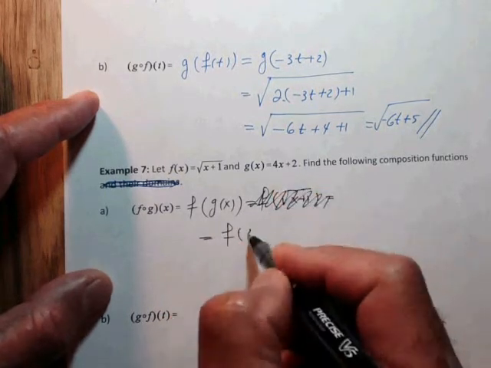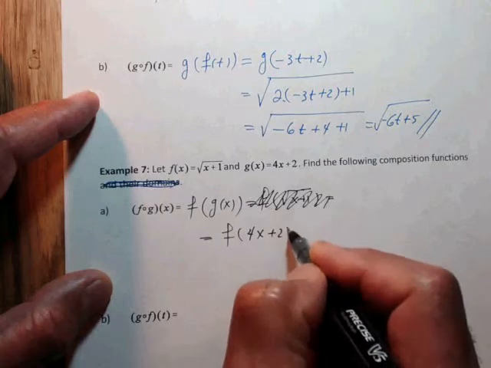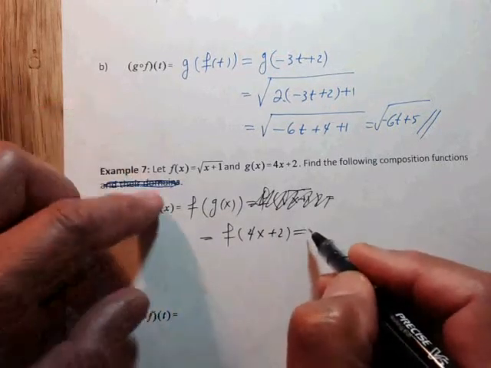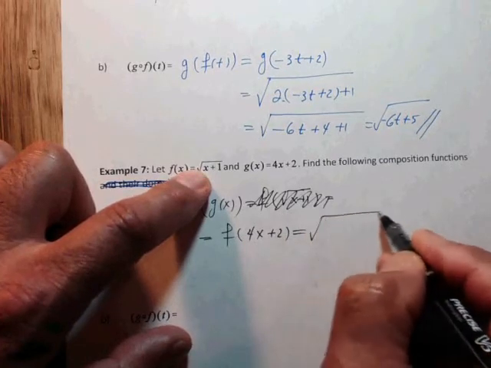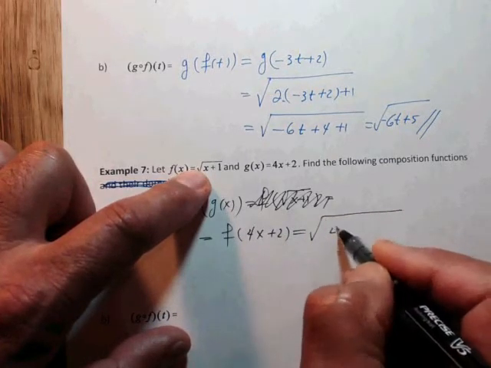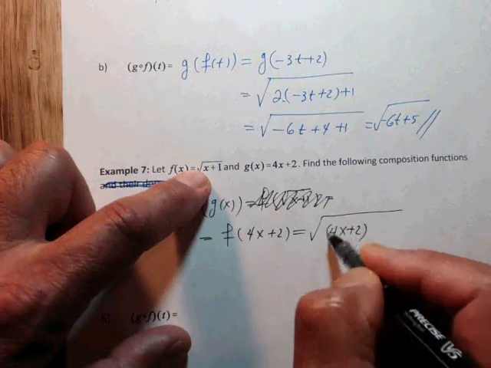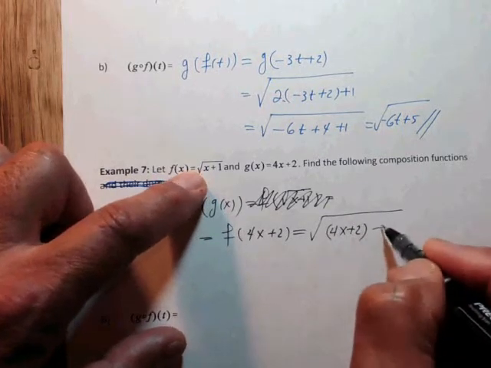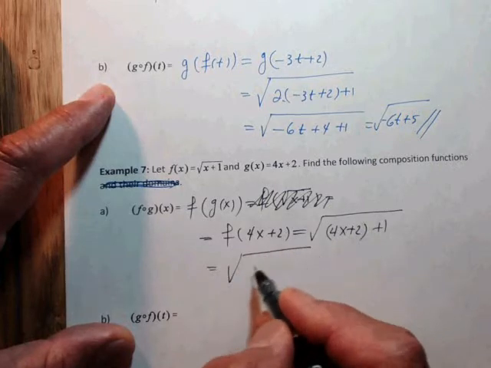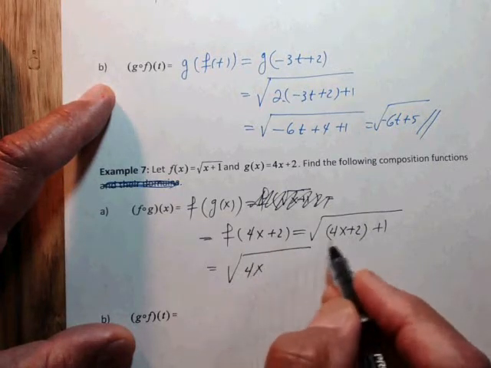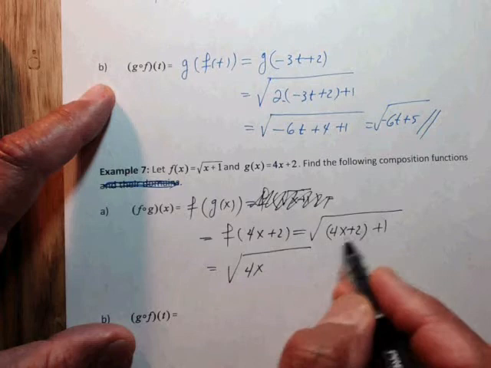G of x is 4x plus 2. So that means in your f, replace this x by 4x plus 2, 4x plus 2 for x, then plus 1. And then if you do one more simplification, you get 4x, 4 times 2 is 8, and 1, 9.